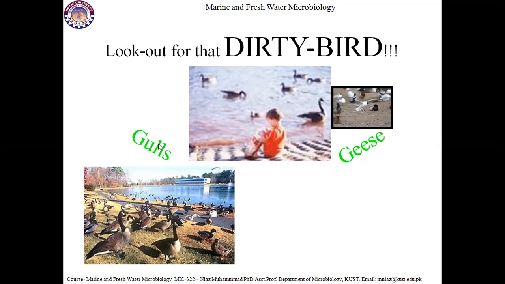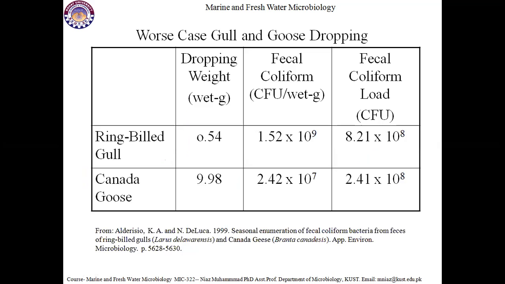They also live in freshwater bodies. They produce droppings and feces that go into nearby water bodies, and they contribute a huge number of coliform and E. coli to the contamination.